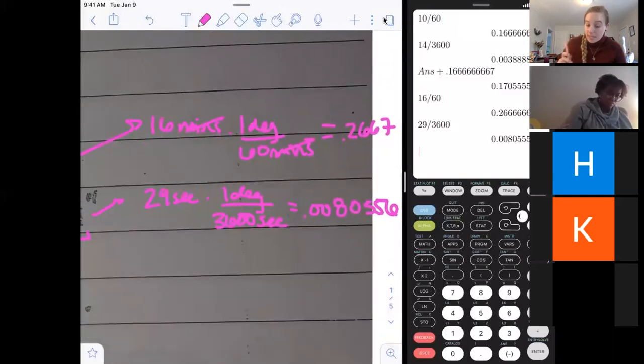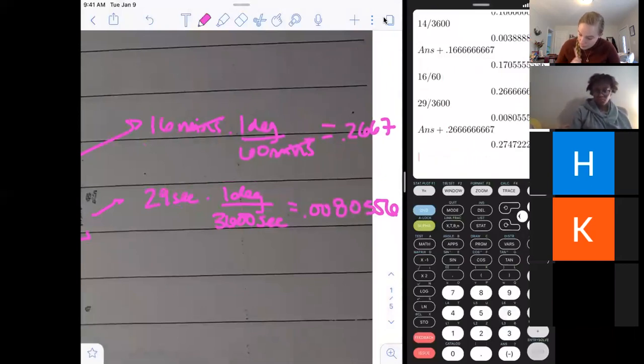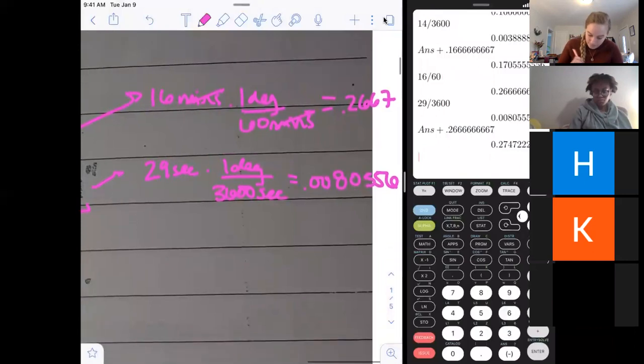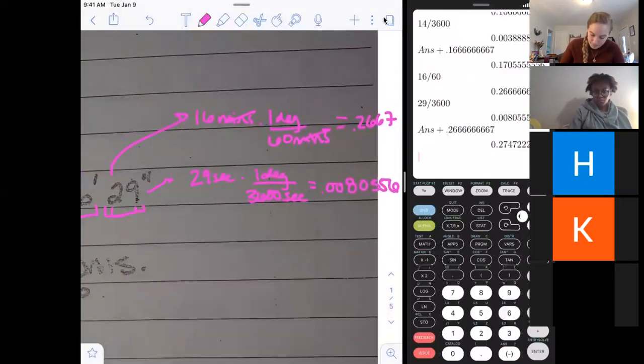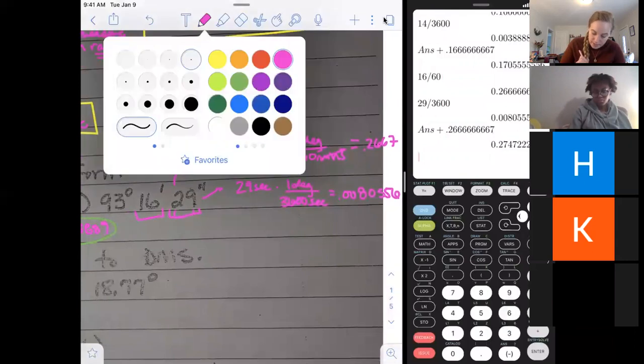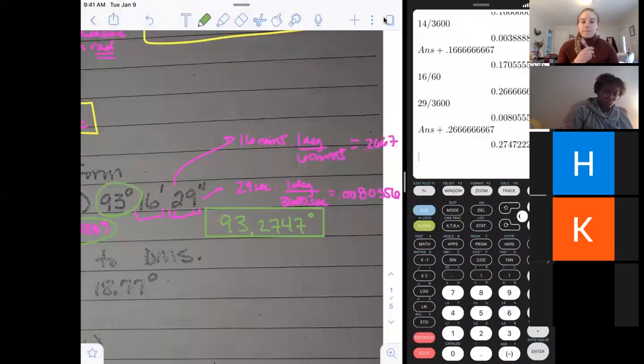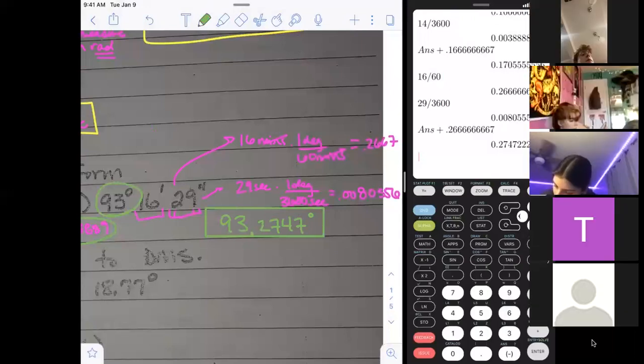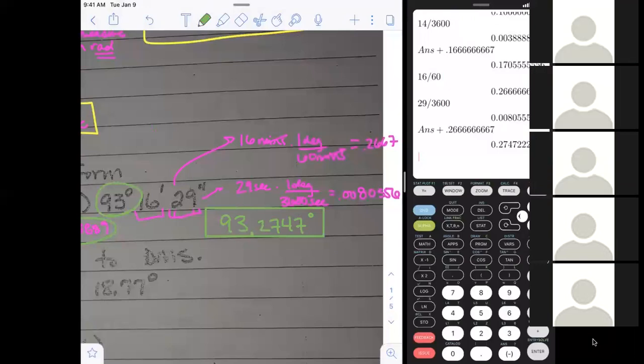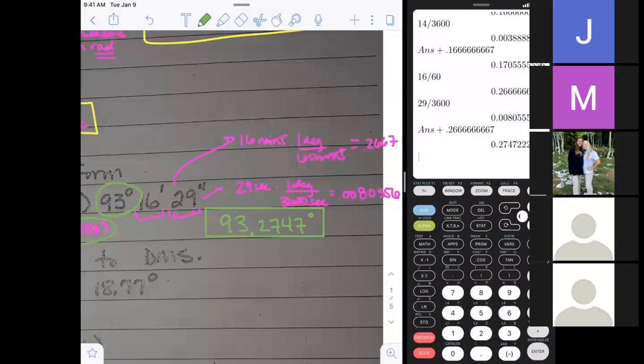And then I'm going to add those two together to find the whole decimal. Don't forget the degree stays the same. We don't do anything to him. So it's going to be 93.2747 degrees. Any questions so far?